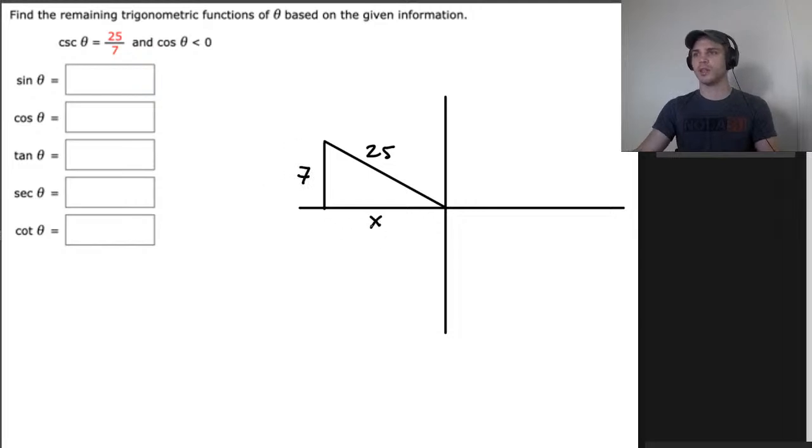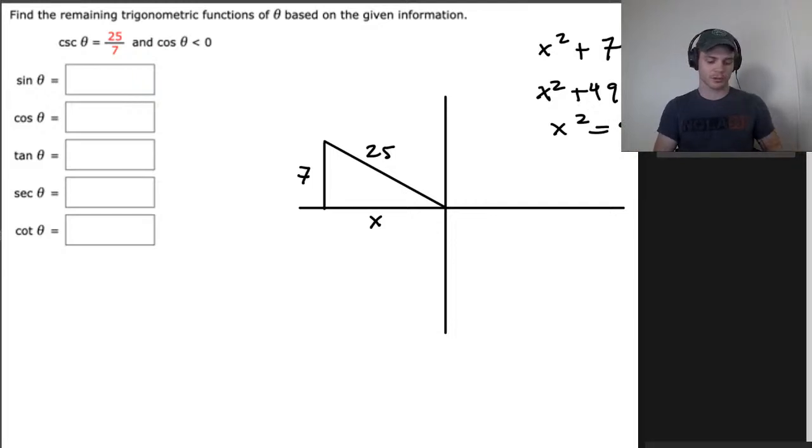And then we need to find this x, so we can use the Pythagorean theorem here. x squared plus 7 squared equals 25 squared. So this is x squared plus 49 equals 625. And then x squared equals 576.